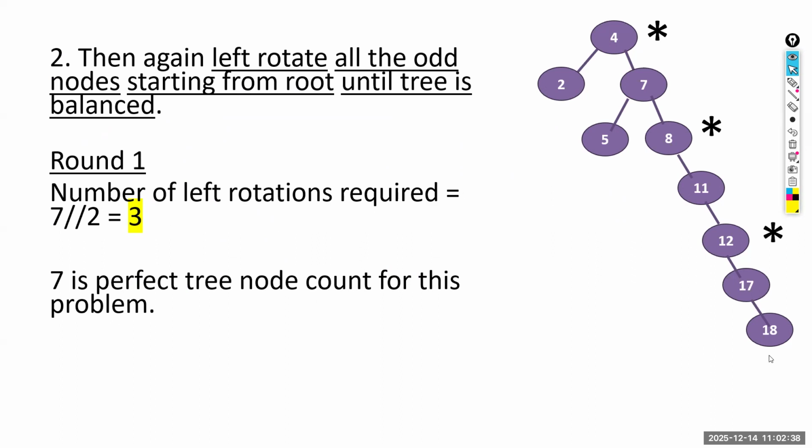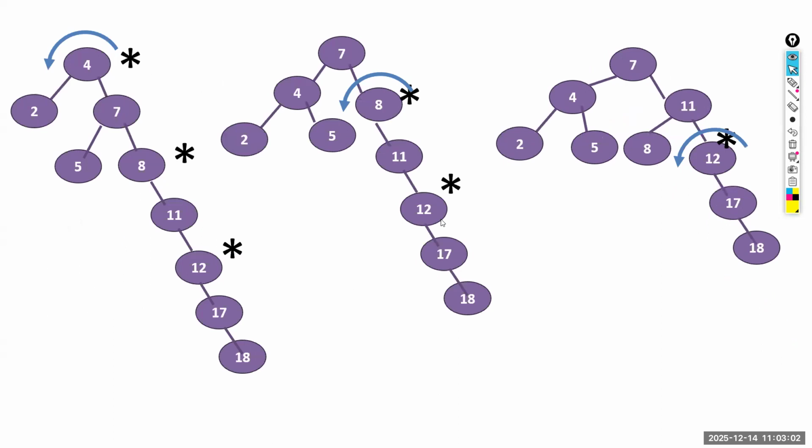Divide by 2, integer division. Now count how many nodes are there in your current tree and divide by 2, but integer division. That is the number of rotations you need to do now. That is why we did 3 rotations, right? 3 rotations.